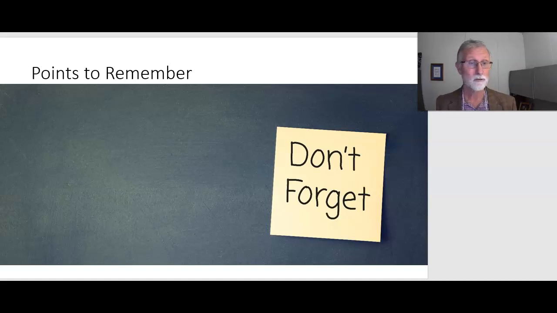802.11 devices use a modulation and coding scheme, MCS, to achieve the data rate. You don't need to know the details of how they're all calculated, just know that those exist. And in addition to modulation and coding, the system also uses channel width and spatial streams that increase the data rate.